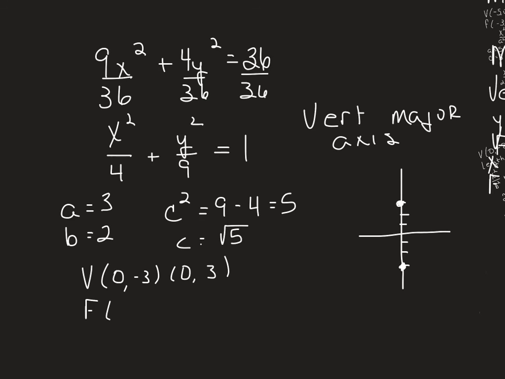Our foci are 0, negative square root of 5, and 0, square root of 5, which is just a little bit over 2. And then B is 2, so that helps me in graphing. And here is our ellipse. So that's not too bad.